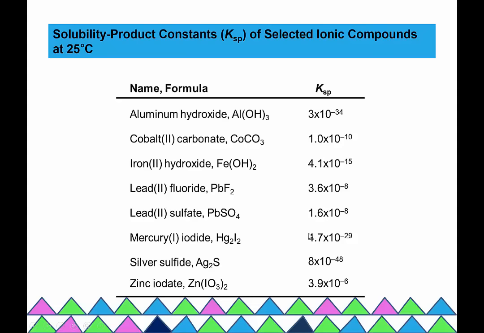We have some really small KSP values, like silver sulfide at 10 to the negative 48th, so it's really, really tiny. Very little silver sulfide will dissolve in aqueous solution. Then we have other insoluble salts that are still classified as insoluble, but they have a much higher KSP, such as lead 2 fluoride.